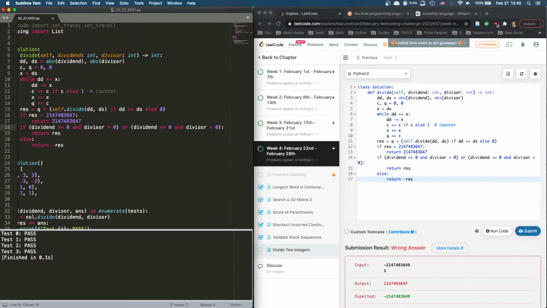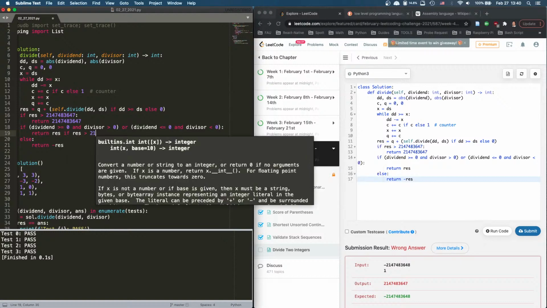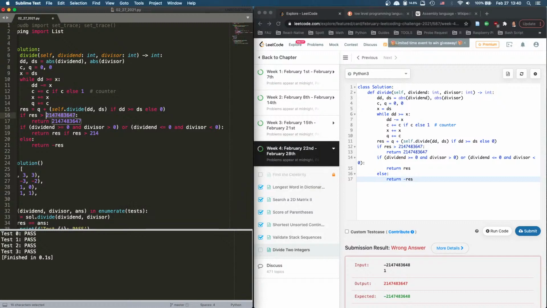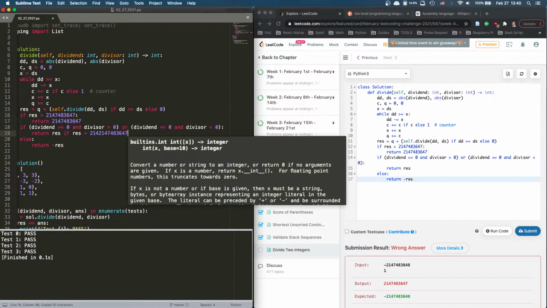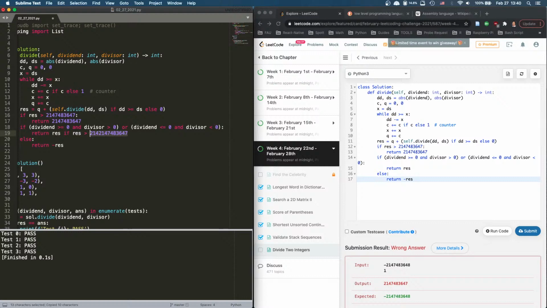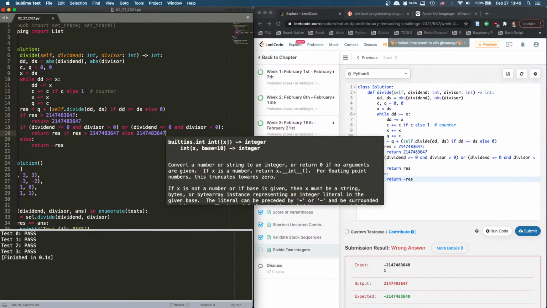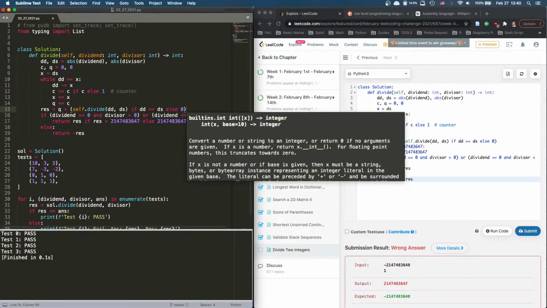If this, then res is a positive. And then I'm going to say return res if res is larger than 2, 1, 4. Res is larger than this. Else return res if res else. We're going to do this. So if it's negative, then we should be fine.